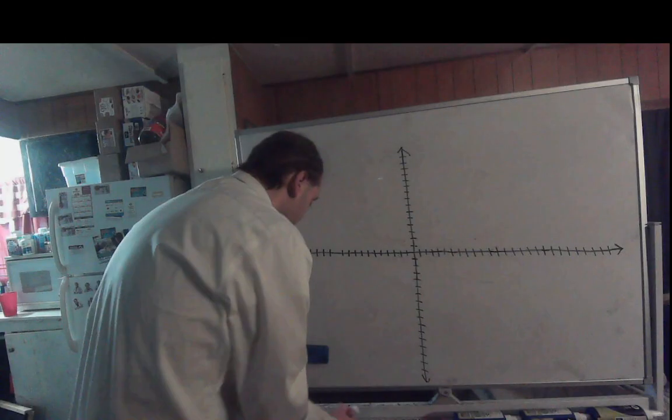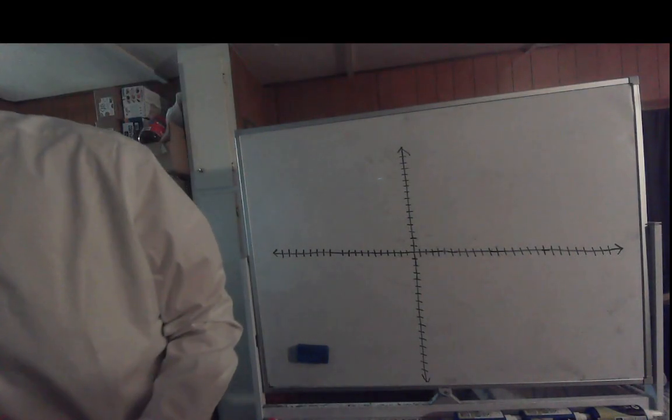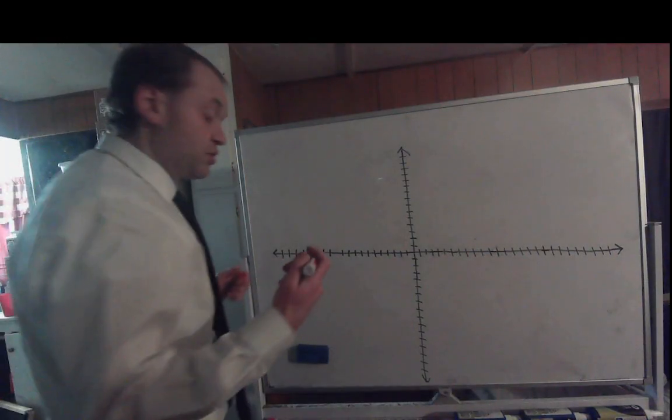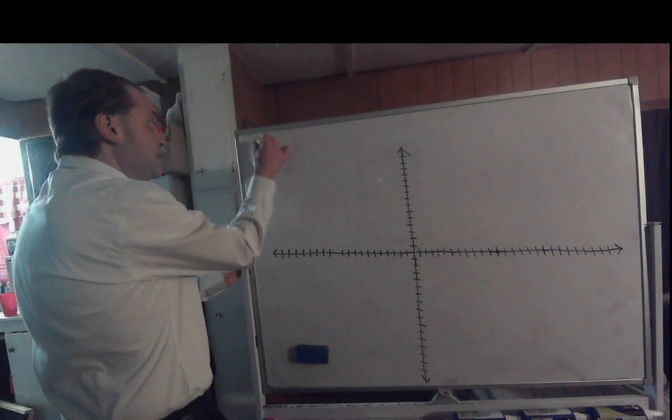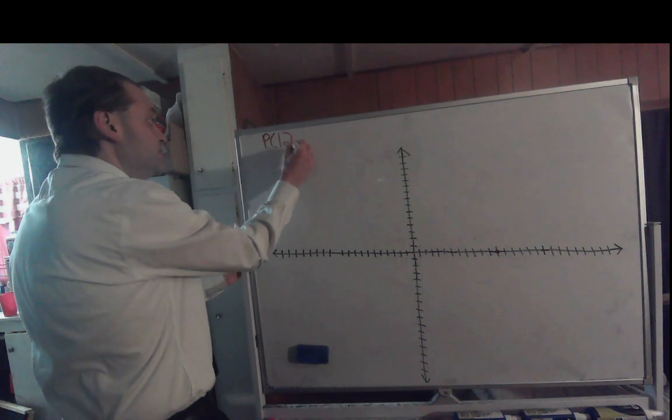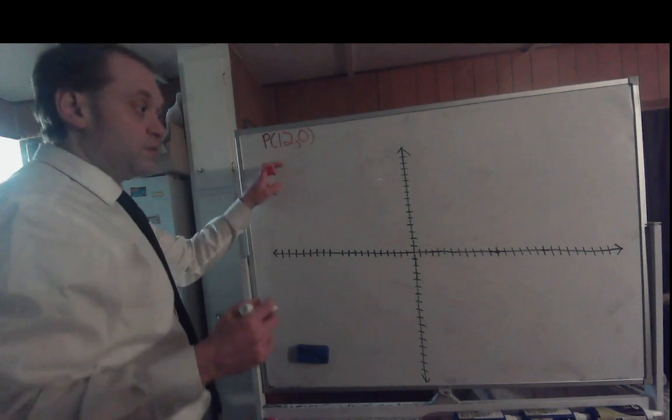What are the coordinates of the original triangle? All right, so we're going all the way to 5, 6, 7, 8, 9, 10, 11, 12. All right, so the coordinate of point P is at 12, 0. P is all the way at 12, 0.